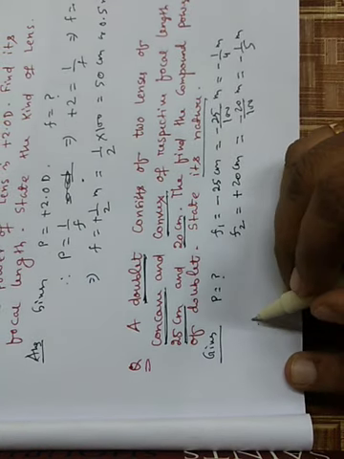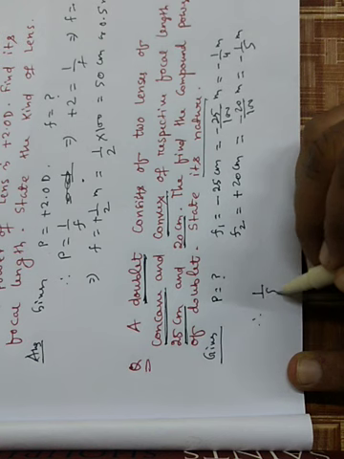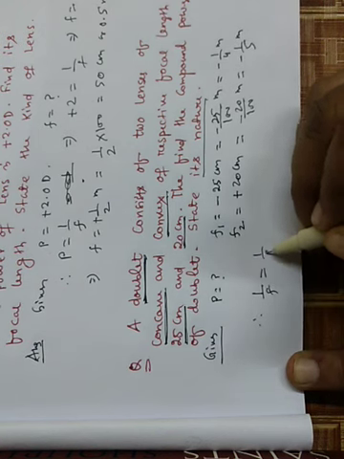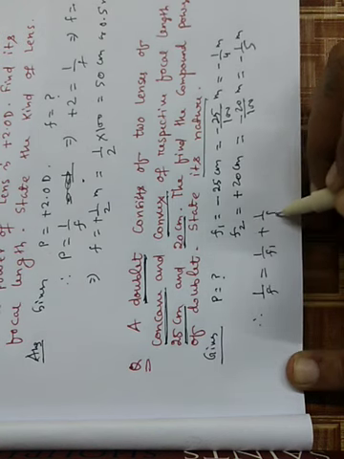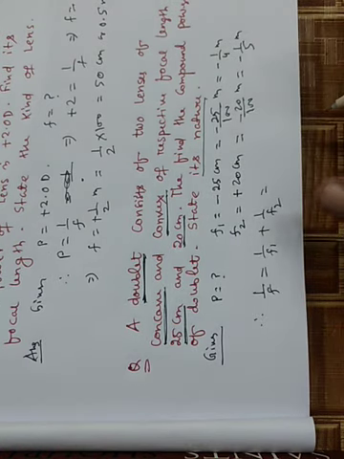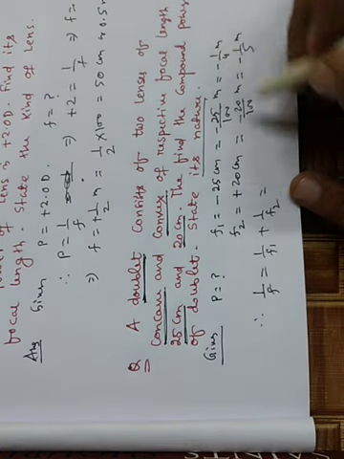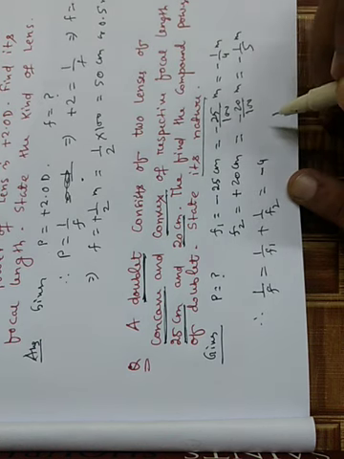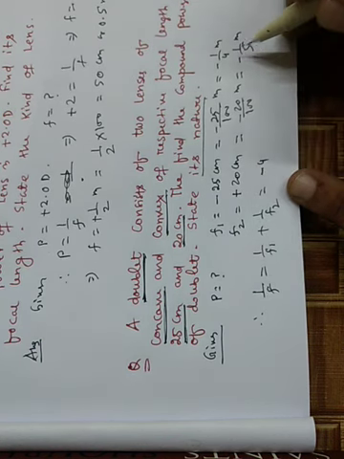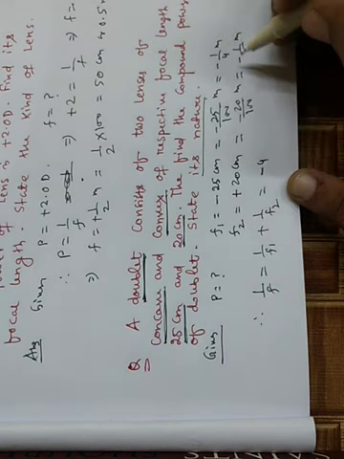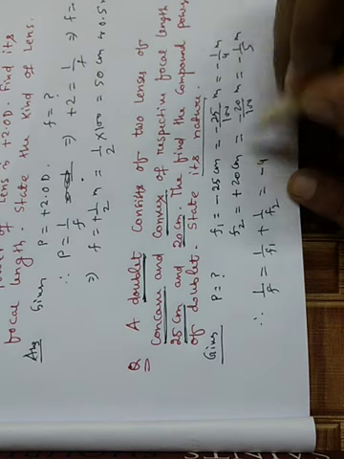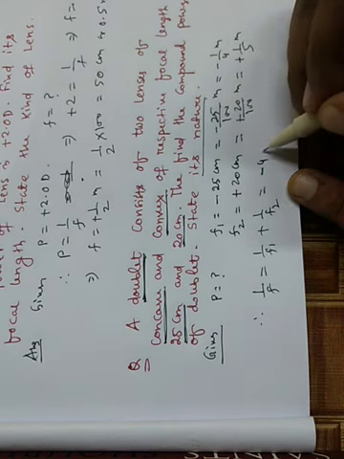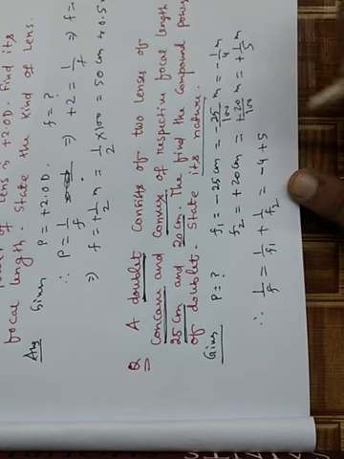Now we will use the formula: 1 by F is equal to 1 by F1 plus 1 by F2, which is equal to minus 1 by 4 reversed, minus 4, and 1 by F2 reversed, for the convex lens plus 5.